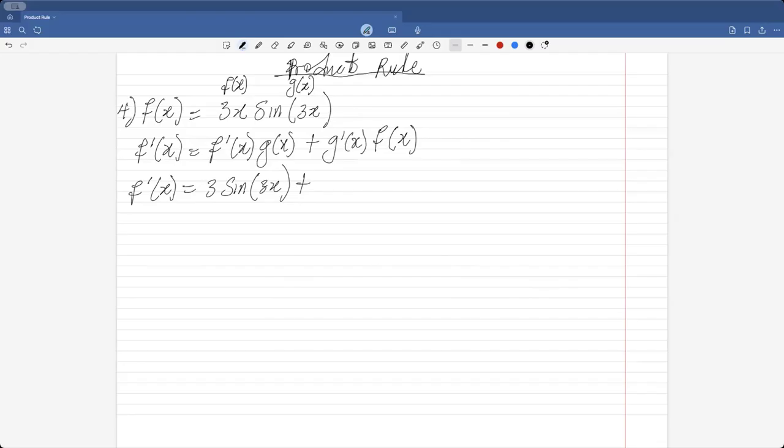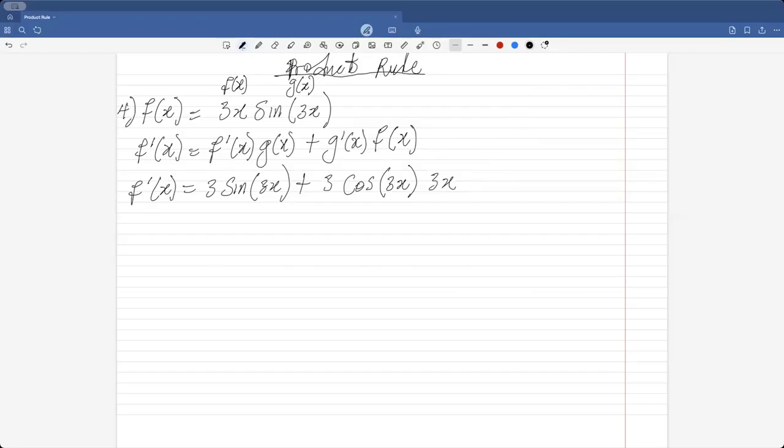The derivative of the inner function, which is 3x, is nothing but 3. The derivative of the outside function, which is sine 3x, is nothing but cos 3x. Then we have the other part, which is 3x.